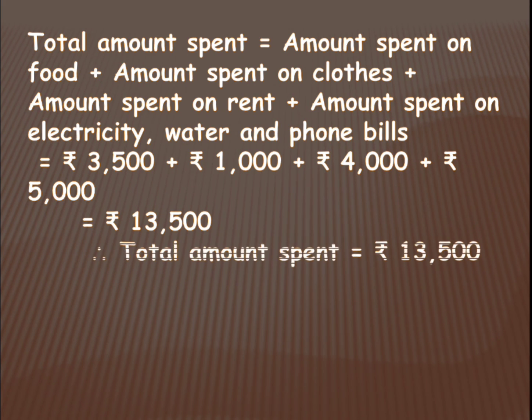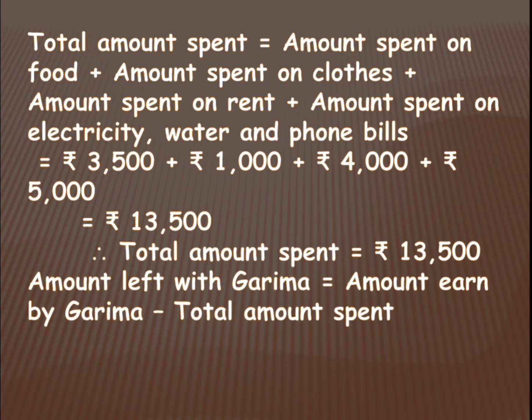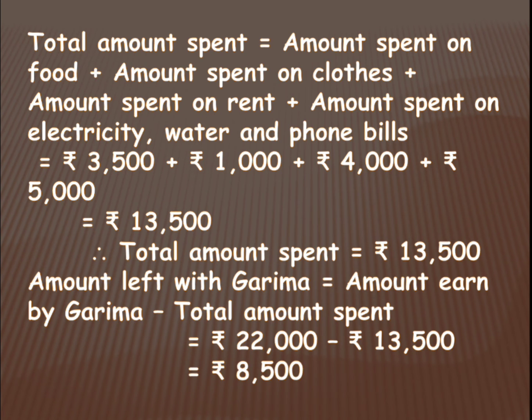So the amount left will be equal to the amount she earns minus the total amount she spent. How much does she earn? 22,000, isn't it, children? So 22,000 minus 13,500. If you subtract, you will get 8,500. Okay, so this is the amount she's left with. She earns 22,000, she spends 13,500, and the amount left is 8,500.